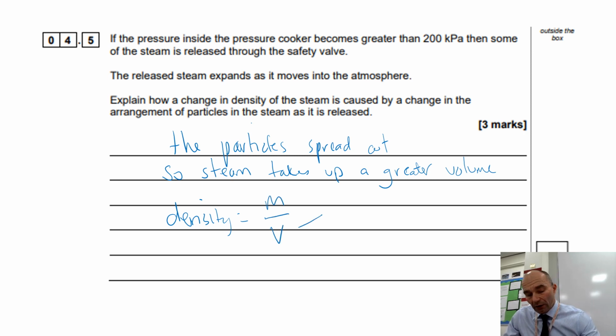If you increase the volume, which is what we've done, then your density is going to go down. So just think about what is happening. The particles spread out more, they take up a greater volume. So the same number of particles in more space, the density goes down.